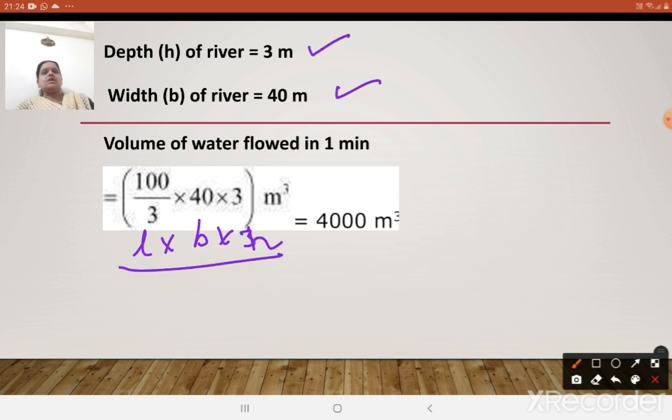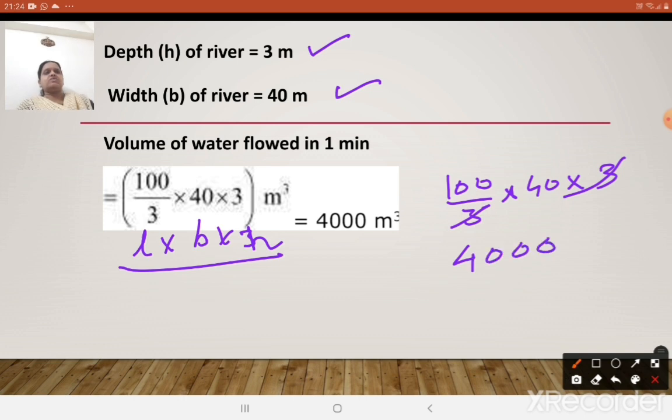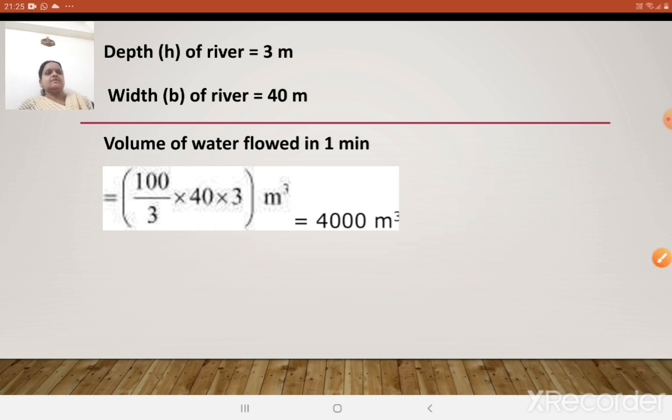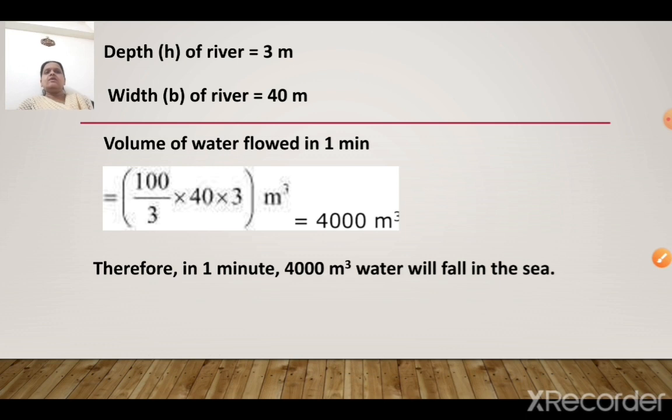So by using length, breadth and height, L into B into H, 100 upon 3 into 40 into 3. So 3 and 3 will get cancelled. So 4,000 meter cube is nothing but your answer. That's why in the previous slide I have given the answer, so that you calculate yourself and check the answer. And if you are not getting it, see the next slide and write the answer. So therefore, what we will write here: in 1 minute 4,000 meter cube water will fall into the sea.